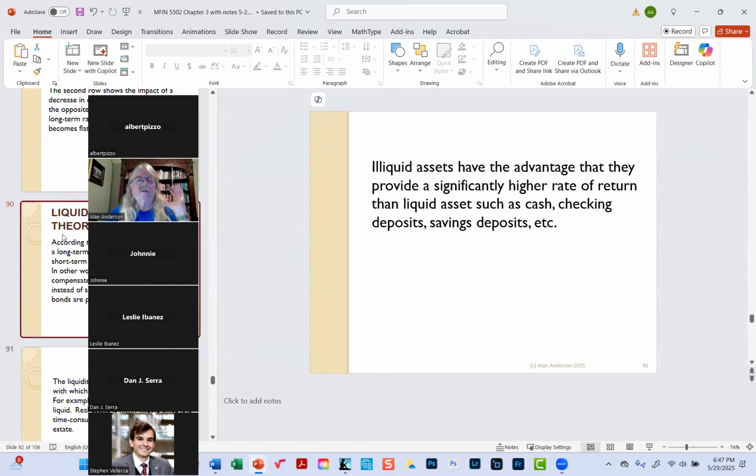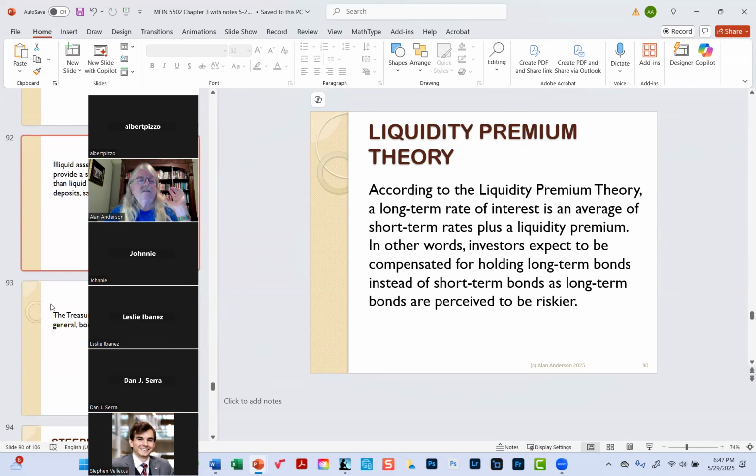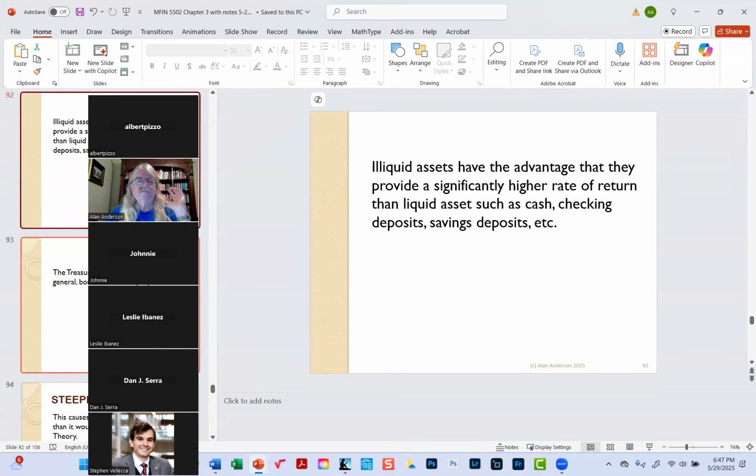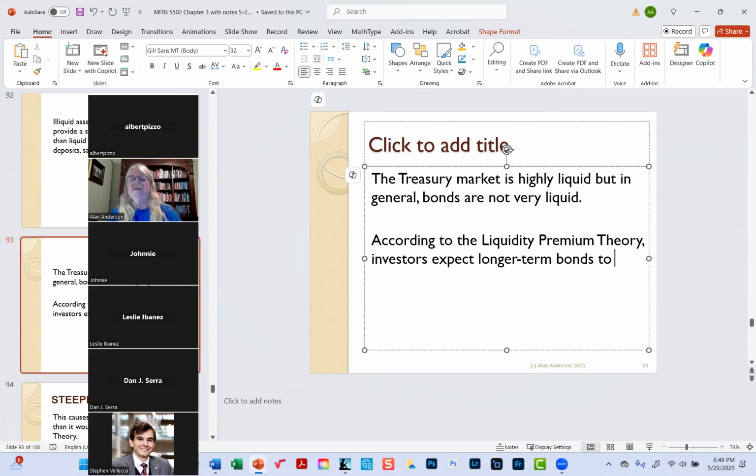So what they're saying here with this liquidity premium theory is that investors expect longer term bonds to be less liquid than shorter term bonds.